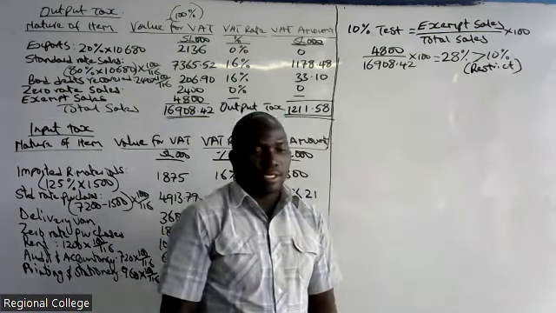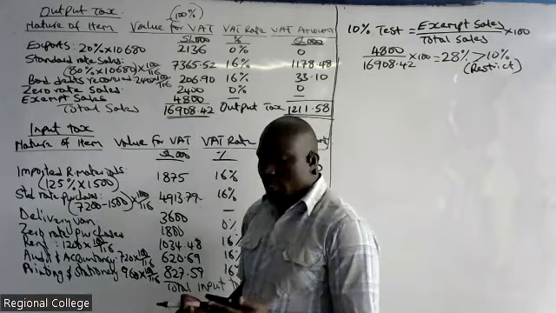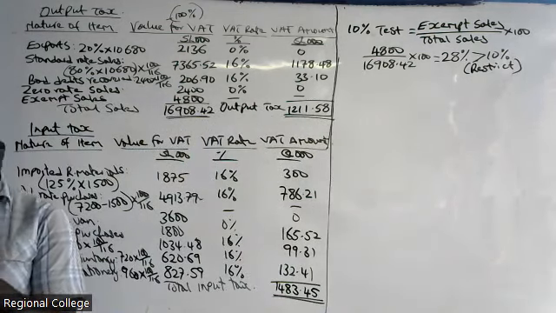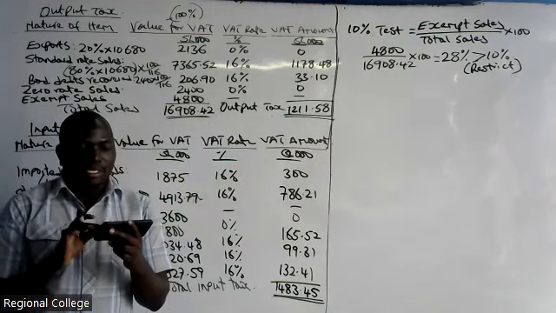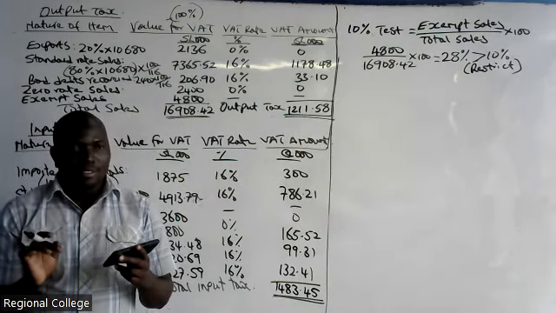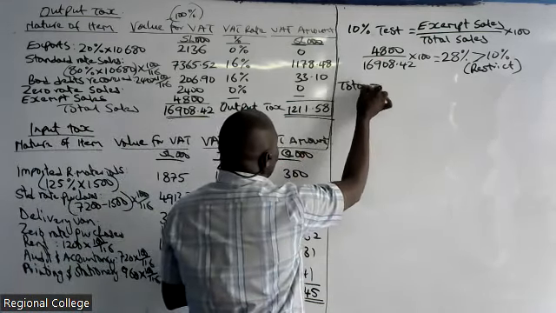Now, when we are restricting, we go to note number 3. The company confirmed that the value of goods purchased at standard rate and sold in the same state amounted to 2 million. Right? So, tunaangalia the total input tax.